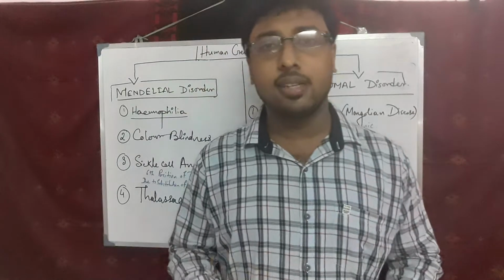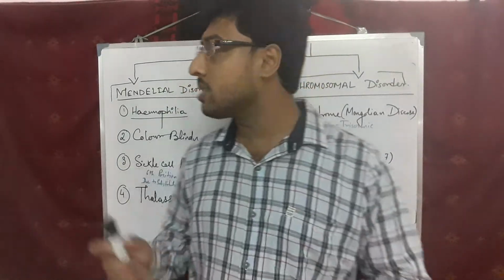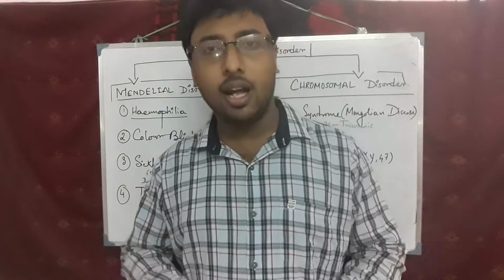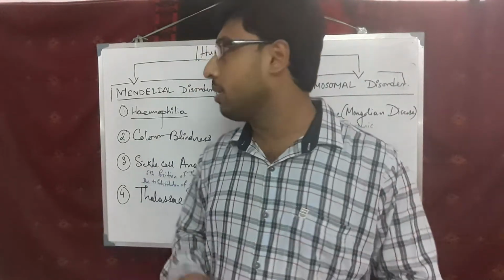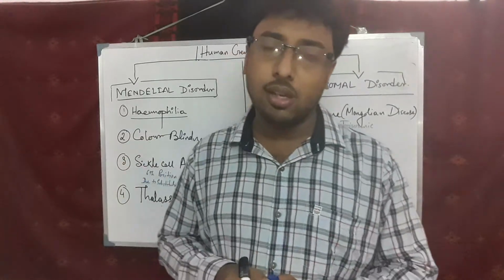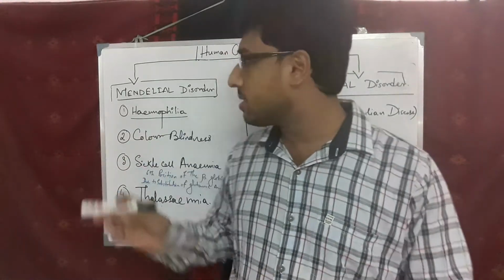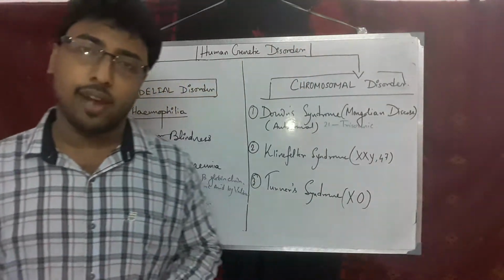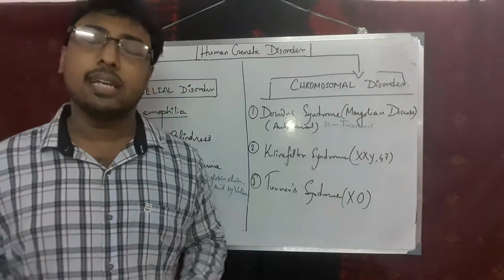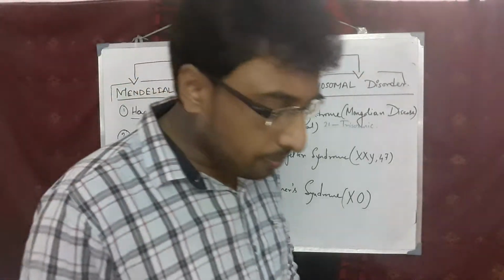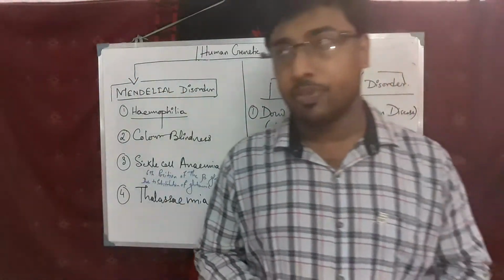So the symptoms are that blood coagulation will not occur, blood will keep coming out, and there will be deficiency of blood. These are the symptoms of hemophilia, and the causes are factor 8 and factor 9. If factor 8, the anti-hemophilic factor, does not work, there will be the disease hemophilia.